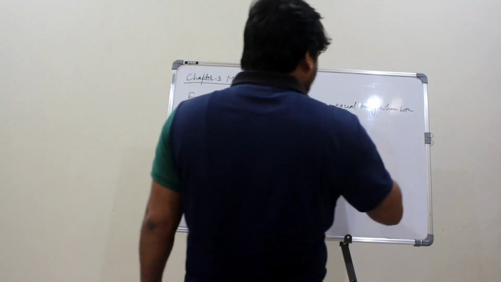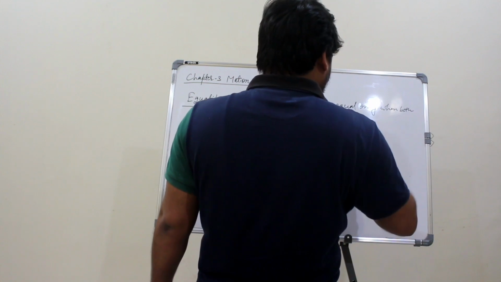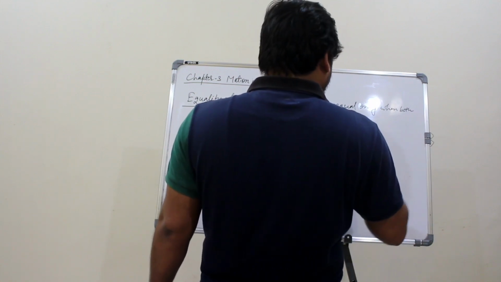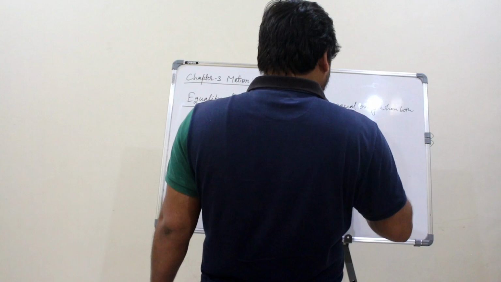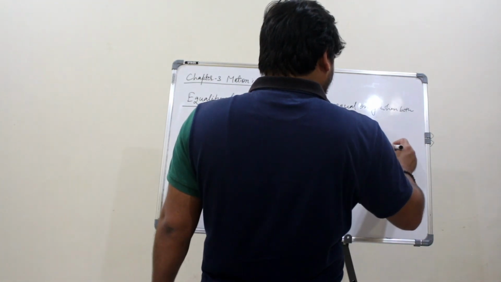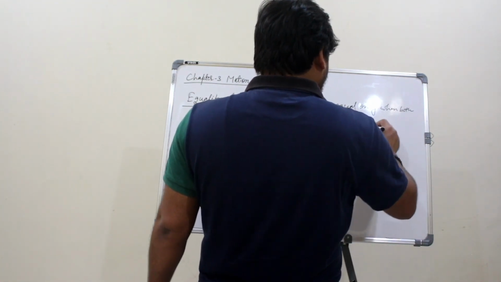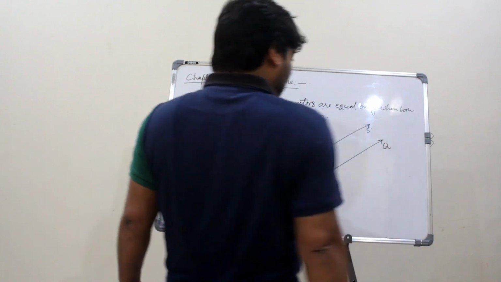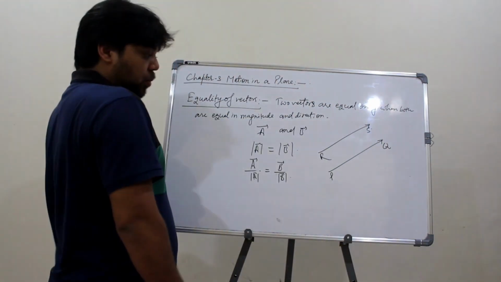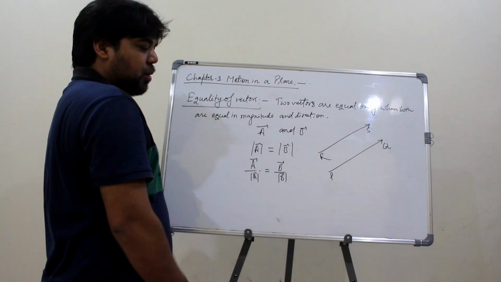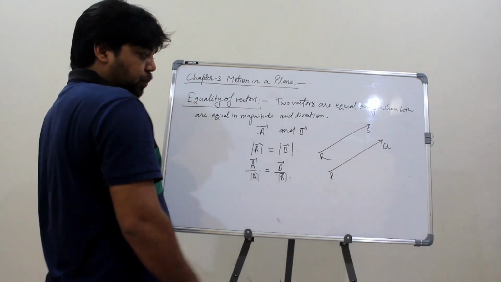So let us take an example to understand it. So this is one vector. Let us take PQ and RS as the vectors. They have the same directions, right? And the same magnitude.